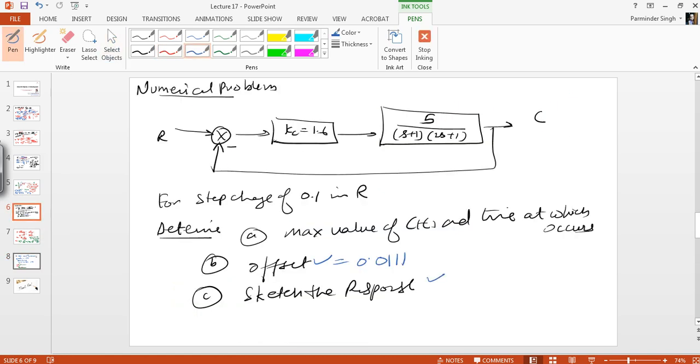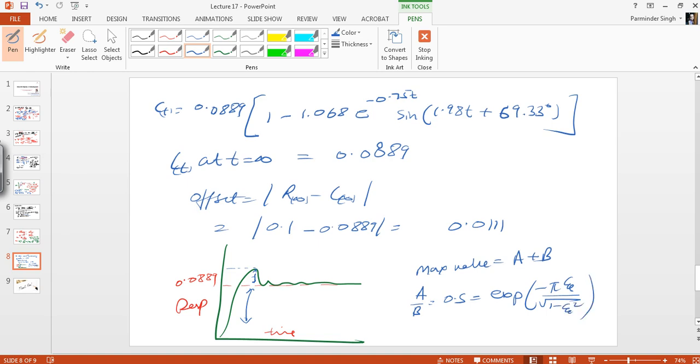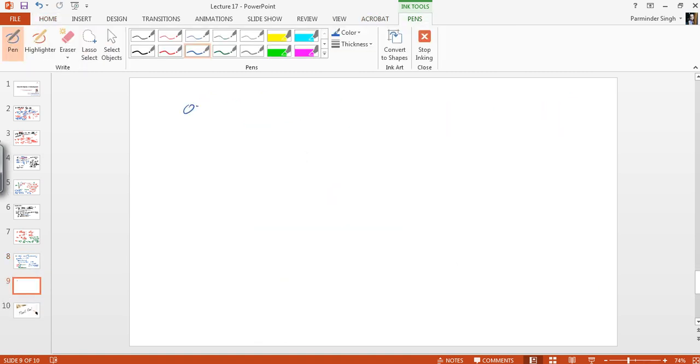Now, where does the maximum value of C(t) occur? If you see the plot, it will occur somewhere here. We can calculate the overshoot, because the maximum value is A plus B, and A by B is your overshoot, which is exponential of minus pi zeta over under root of 1 minus zeta squared. Zeta we have calculated, so overshoot comes out to be 0.305.